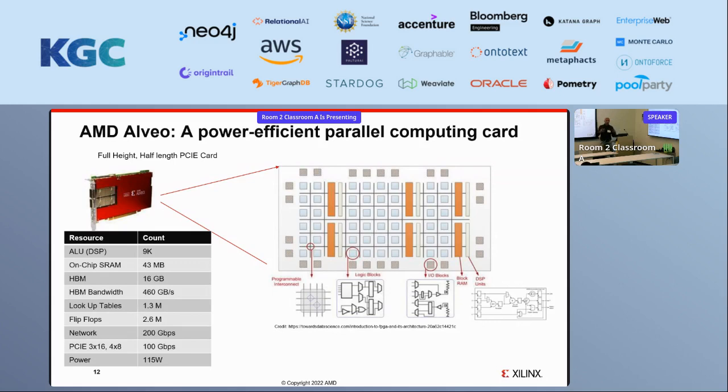The way you use this is you write your algorithm in C++, and then there is a compiler toolchain called Vitis. It analyzes your algorithm and synthesizes a custom digital circuit for it. That's very different from CPUs and GPUs, which are fixed function.